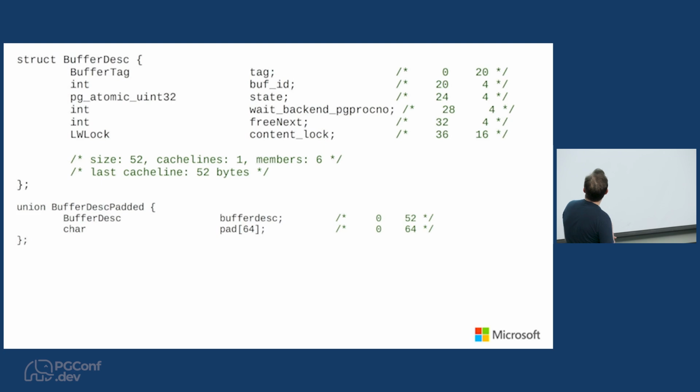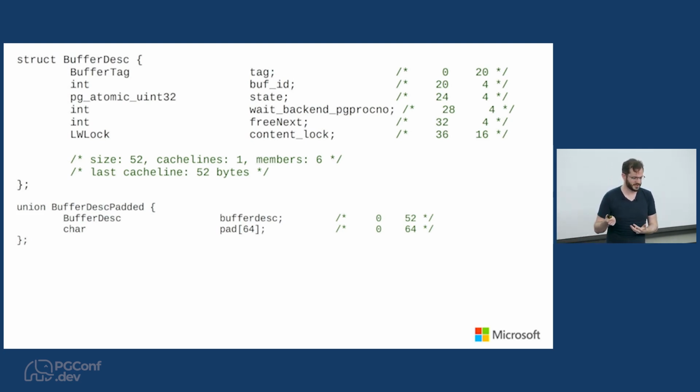And you can see that at the beginning we have the tag and the buffer ID, and those are going to be almost read-only, unless you have a workload that constantly replaces contents. Wait backend PID, backend proc number is also extremely rarely modified in most workloads, and so is the rest. But in between, we have a heavily modified one. This is the state, which is modified whenever you pin a buffer, since you have to increase the pin count. And then the content lock, whenever you lock the page, you have to modify the lock.